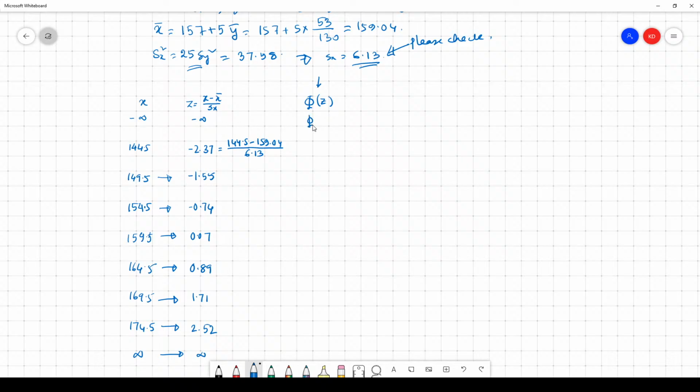Phi of minus infinity should be 0. Then phi of minus 2.37. The z table considers values only from 0 to 4, because of the empirical rule.